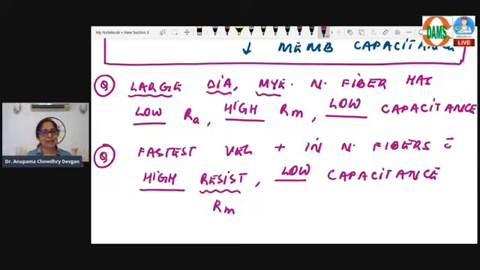And myelinated nerve fibers have faster velocity. So high resistance and low capacitance. You cannot have low resistance, low capacitance, or high resistance, high capacitance. The presence of myelin will increase the membrane resistance and decrease the membrane capacitance. By default, if it says only resistance, you have to take into consideration the membrane resistance.